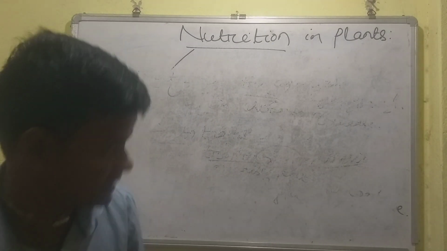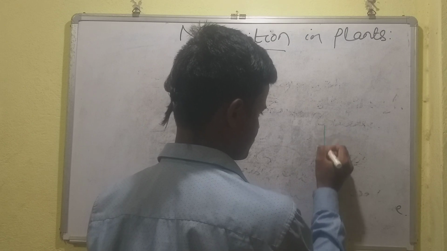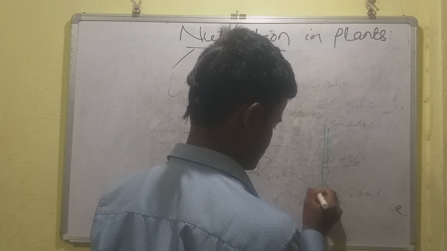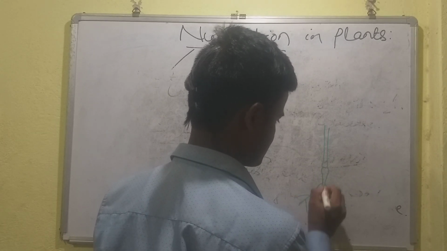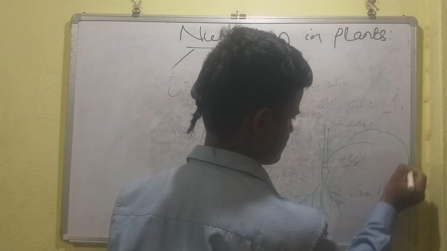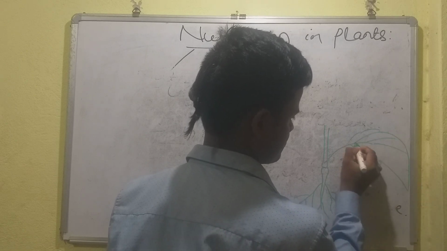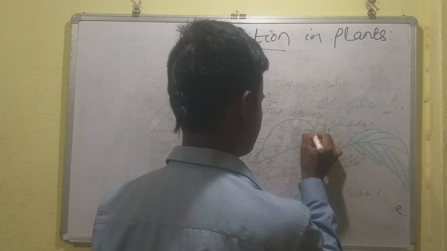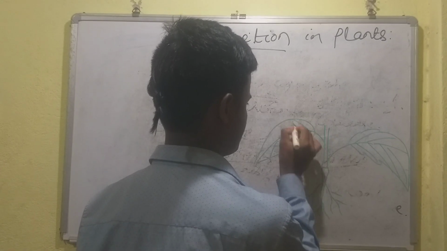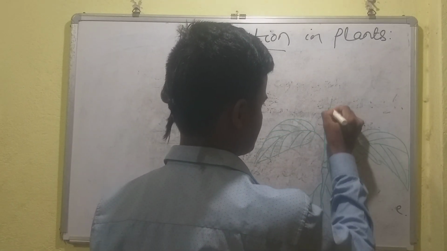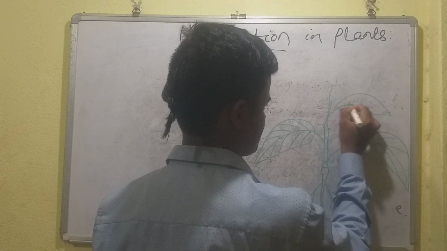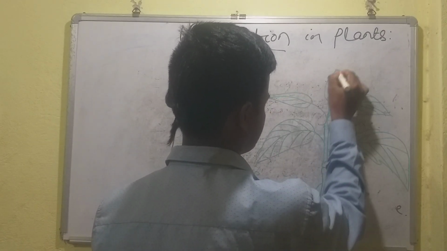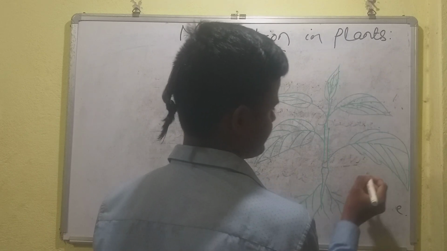There is the green pen. So it is the main root. The leaf, right?